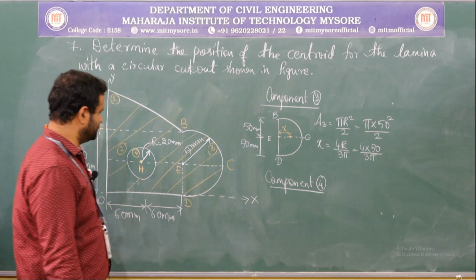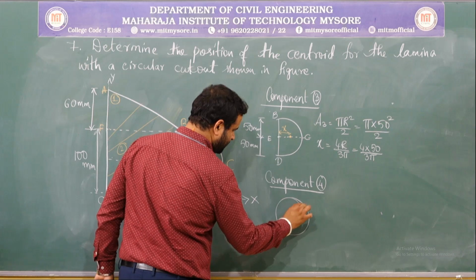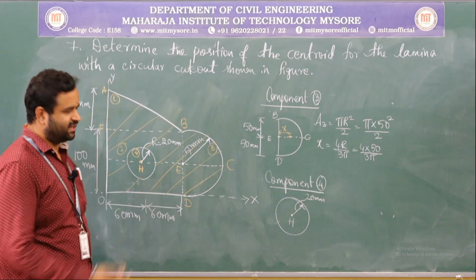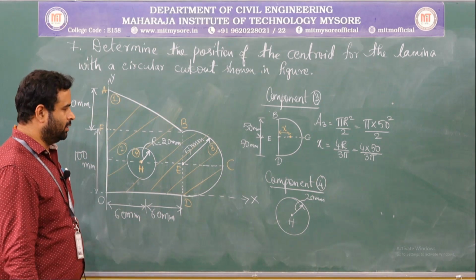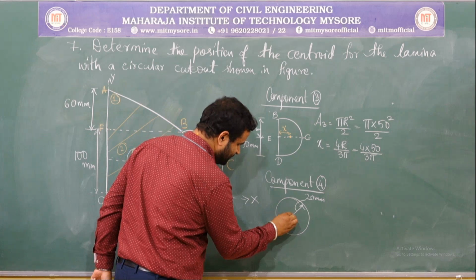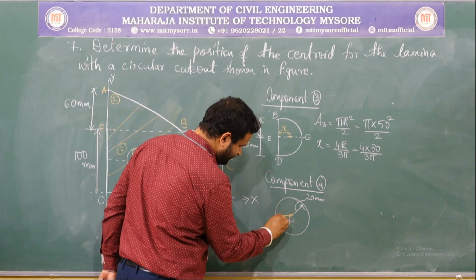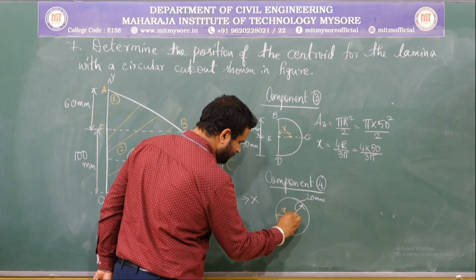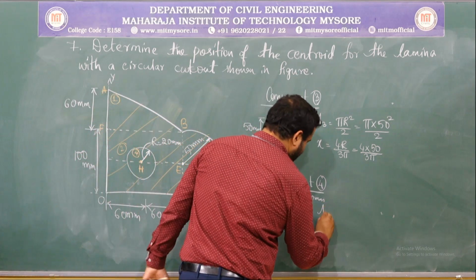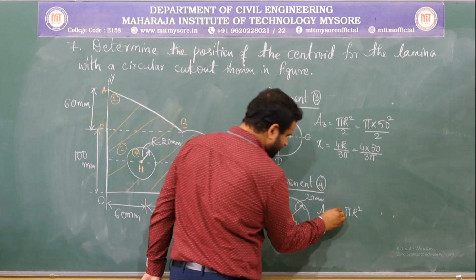Then component 4 is the circle, with the H being the center and the radius being 20 mm. Now, this area needs to be removed out. Now, what about the centroidal component? Where exactly does the centroid of a circle lie? It exactly lies at the center. So, if the radius is 20, what about this x component? It is also 20, and what about the y component? It will also be equal to 20 mm. And the area of component 4 is equal to pi r square, but with a negative sign.